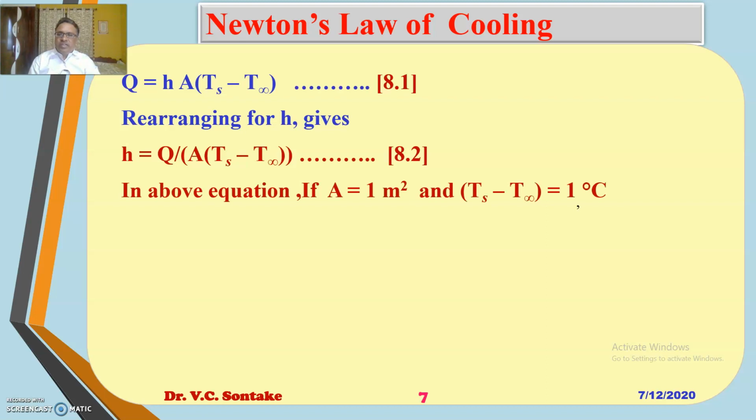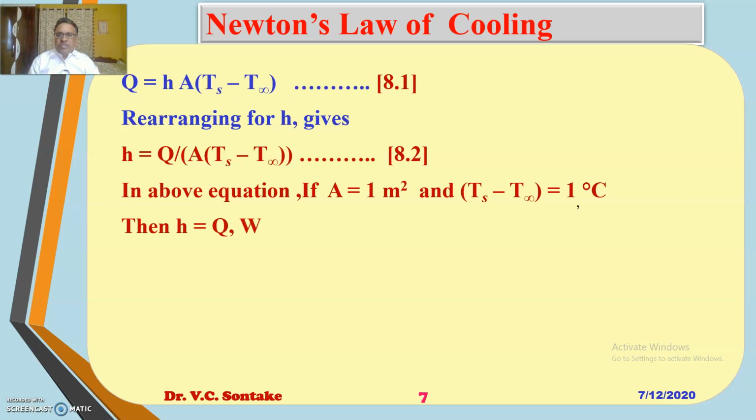In the above equation, if I put the area of the surface as 1 meter square or unity and the temperature difference Ts minus T infinity as 1 degree Celsius, H is equal to Q.